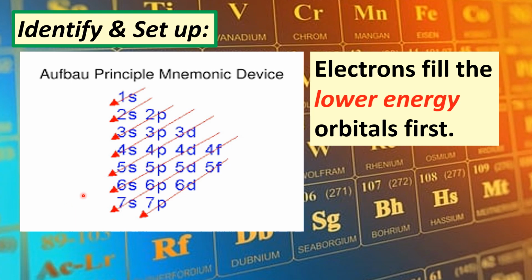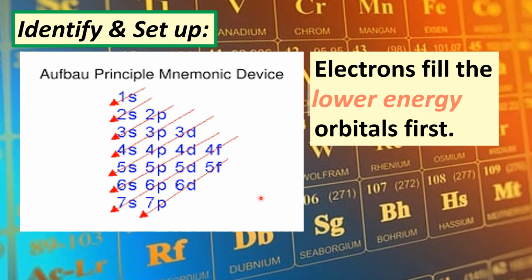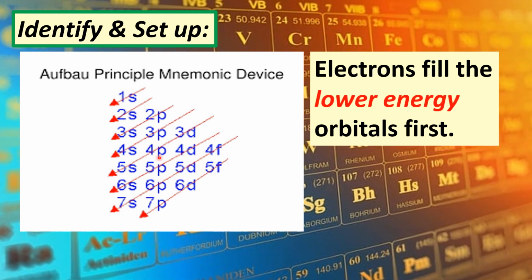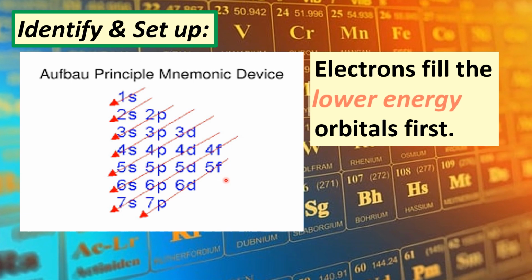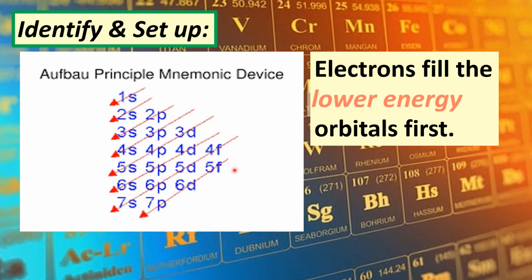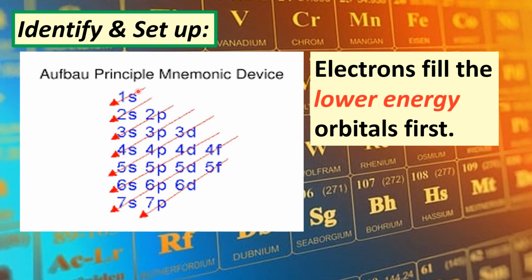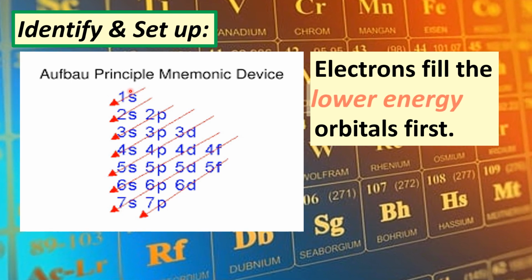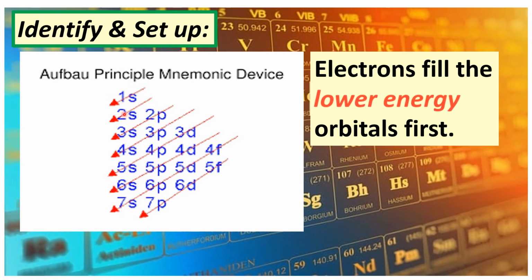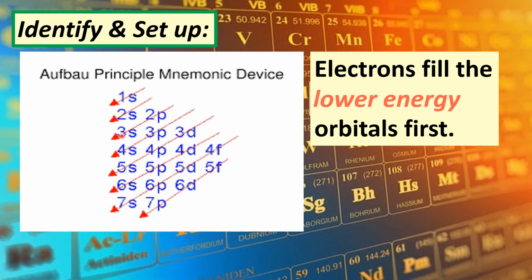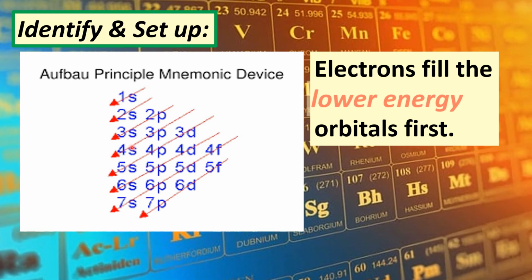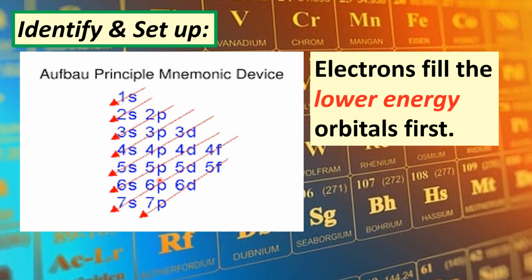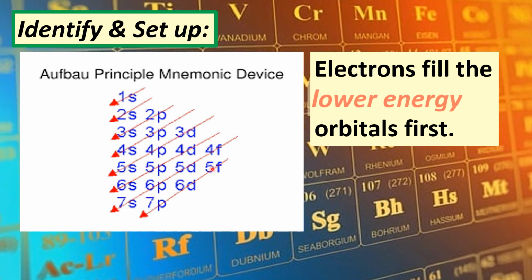As shown in this diagram, in writing the electron configuration of a given element and its atomic number, you just follow the direction of the arrows, beginning with, of course, 1s, and then 2s, followed by 2p, 3s, then 3p, 4s, and then 3d, 4p, 5s, and so on, depending on what the atomic number of the element is.